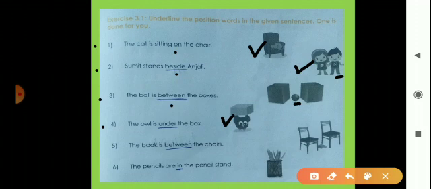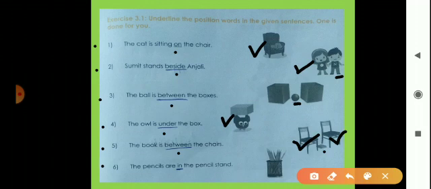Under the box. So underline the word under. Now fifth sentence, the book is between the chairs. In this picture we can see the book is here and the chairs are here. When we ask the question, where is the book? We get the answer, between the chairs. So between is the position word.